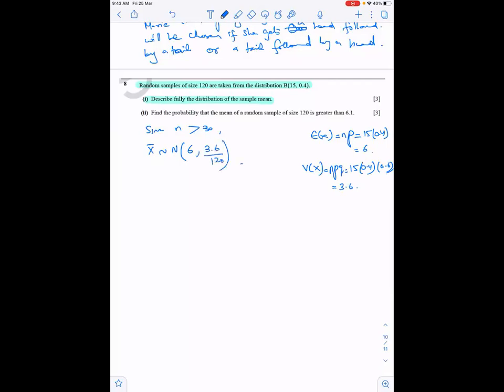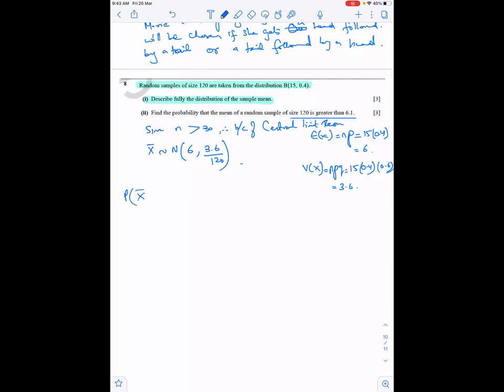Is this clear? Yes. You just have to give this. Since n is greater than 30, because of the central limit theorem, use the word theorem.